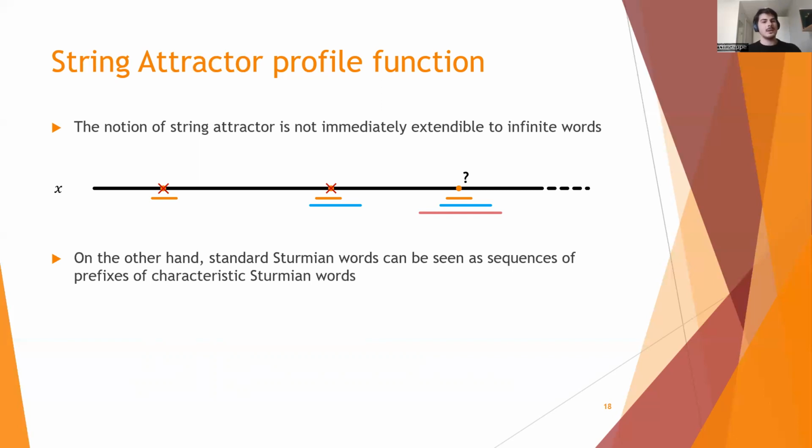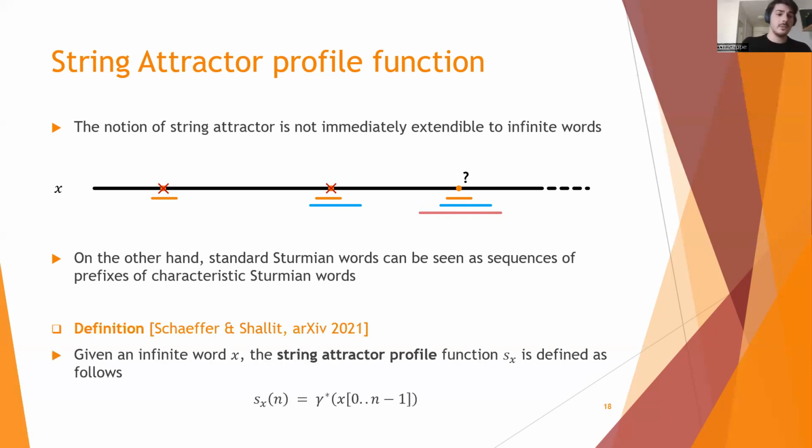On the other hand, we've seen how for standard Sturmian words, which can be seen as sequences of prefixes of characteristic Sturmian words, we have defined a small string attractor. So we think that the definition given by Schaeffer and Shallit is a suitable notion of string attractor for infinite words.